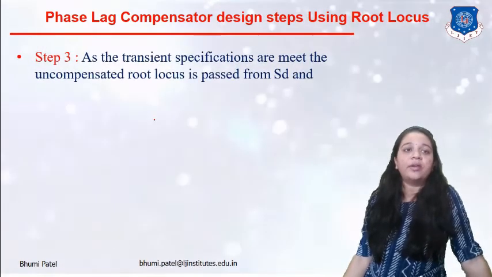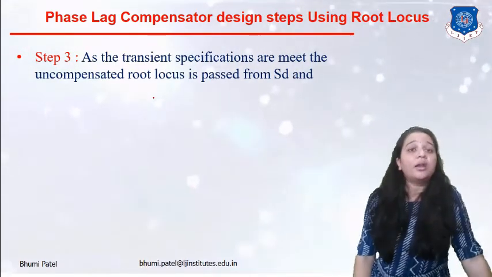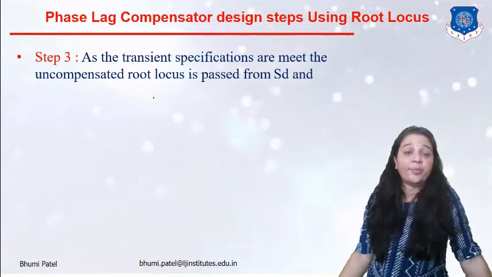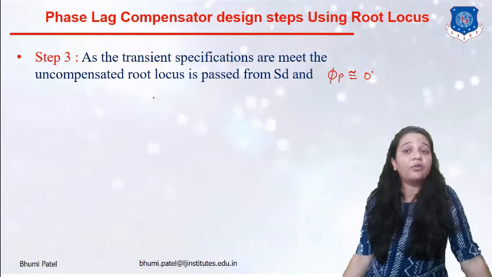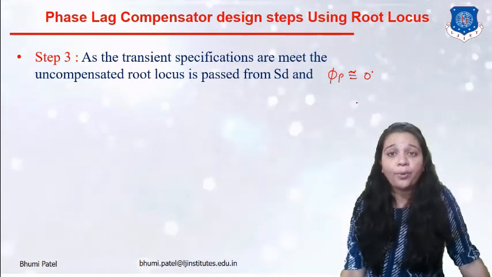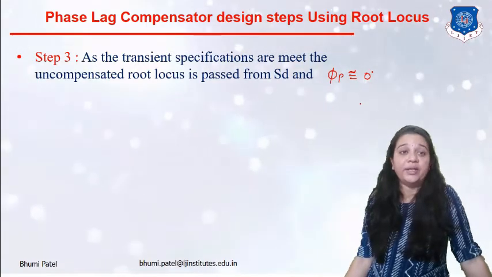After that, step number 3: the transient specification is met if the uncompensated root locus passes through sd, and phi t is near about 0. So the angle of the pole is always near about 0 for the phase lag compensator.